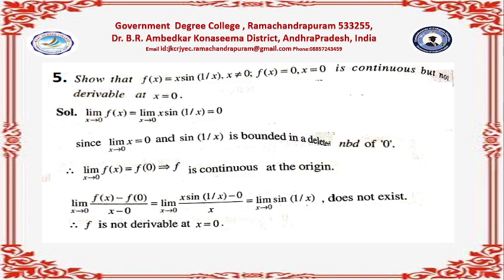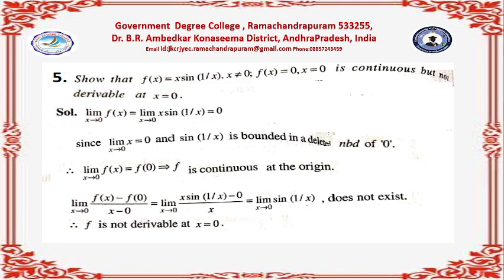So given that, limit f of x as x tends to 0 is nothing but limit as x tends to 0 x into sin 1 by x. That is x is 0, limit x means limit 0 is 0. So 0 into a bounded function, because sin 1 by x value always lies between minus 1 and 1.